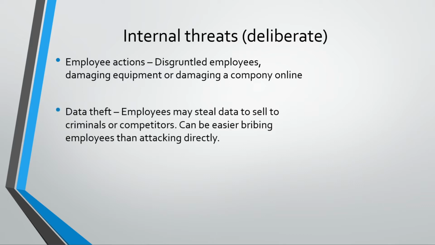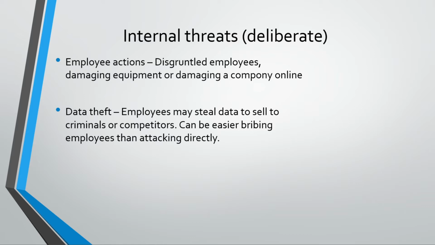I will change that slide, it shouldn't say that. But essentially, they can damage equipment and damage the company online, so they could post malicious things saying this company is terrible, you should not ever work for these guys, or here are some logon details, or here's their financial situation, anything like that. That is a deliberate internal threat by an employee.